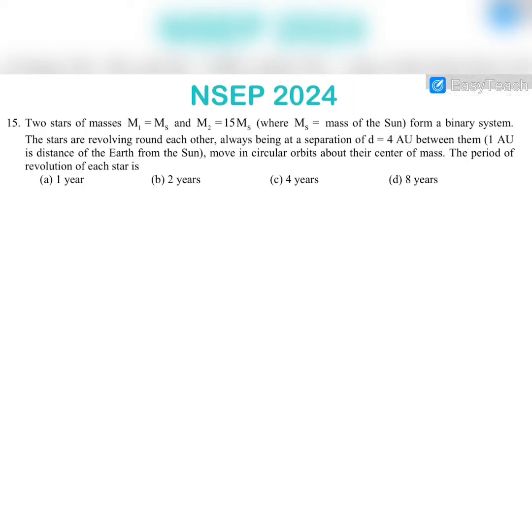We have already discussed in the binary star section, which you can find in the gravitation playlist, that the time period of the binary star is 2 pi under root of r cube divided by G times m1 plus m2.